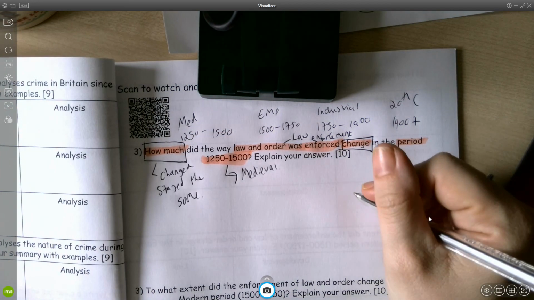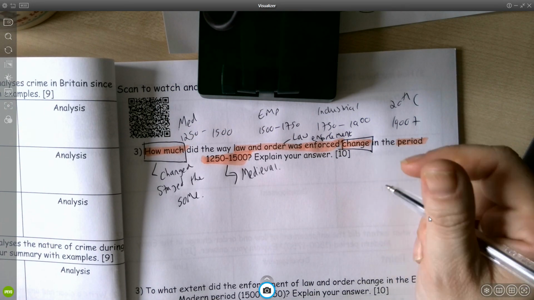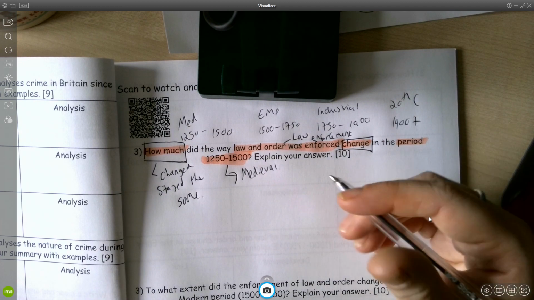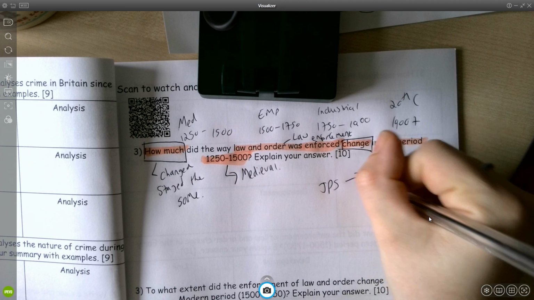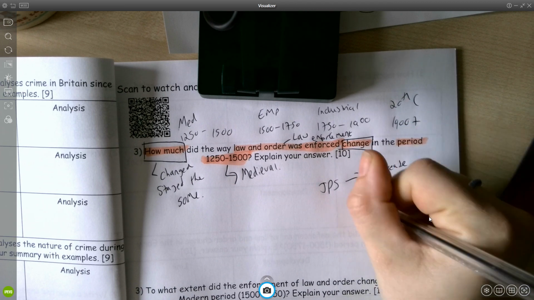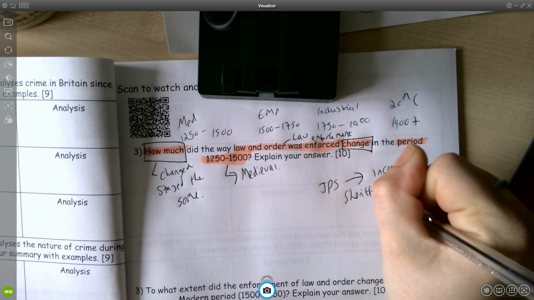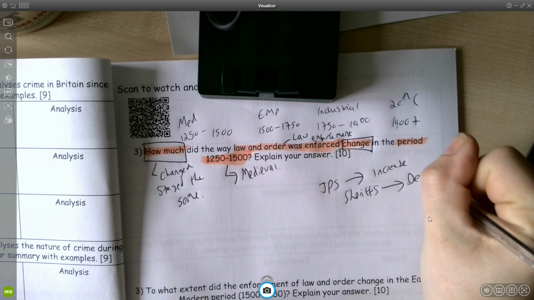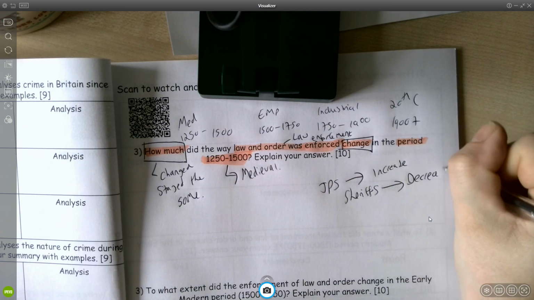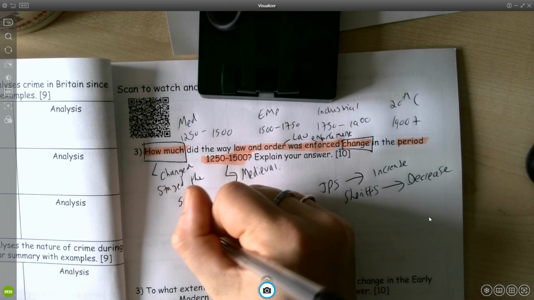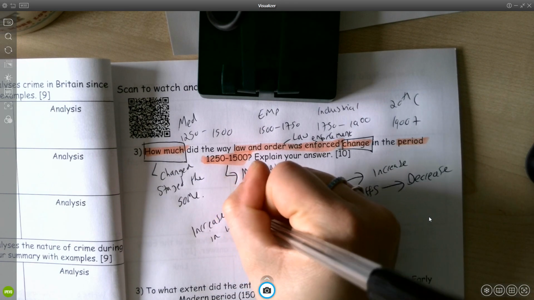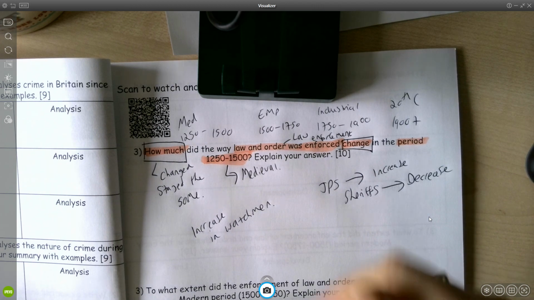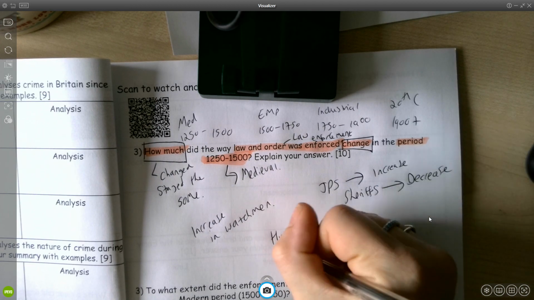Now let's have a think. If you're thinking about law enforcer roles, you've got JPs who increase, sheriffs who decrease, you've also got increase in watchmen, you've got the continuation of the hue and cry.